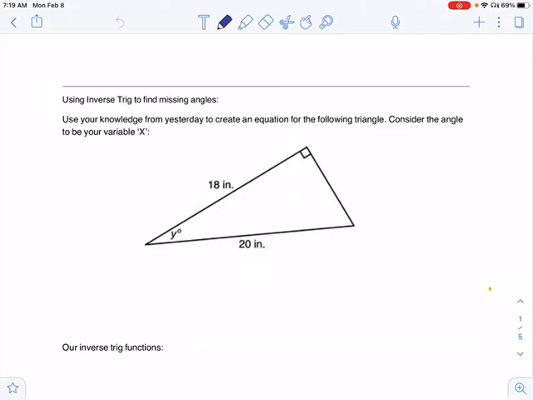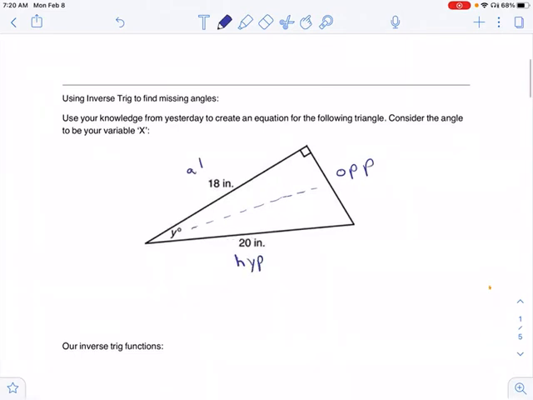What we have when we look at this triangle is a setup where, if I were going through the motions of our last lesson, potentially labeling opposite, hypotenuse, and adjacent, the difference is that I actually don't know the angle. But let's pretend that I do, or just write the equation that relates all of these pieces.